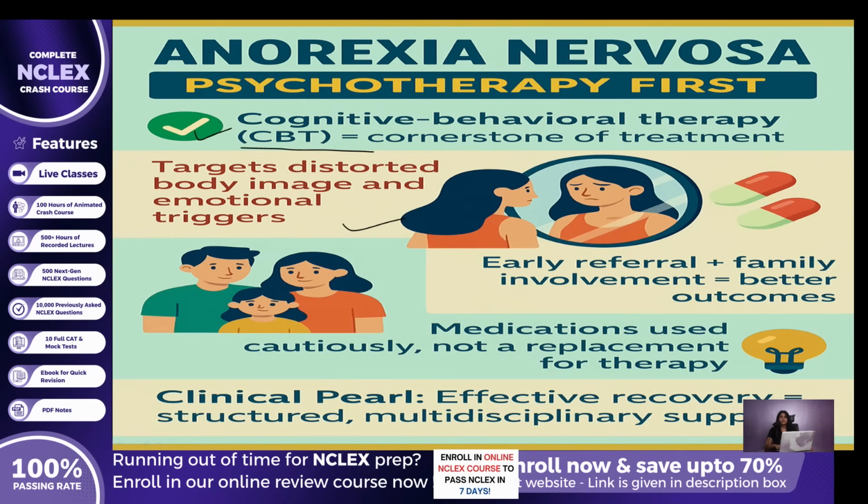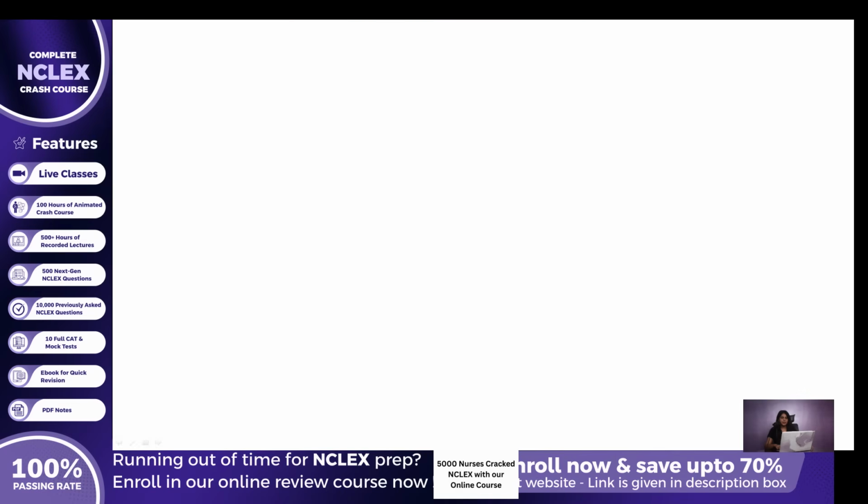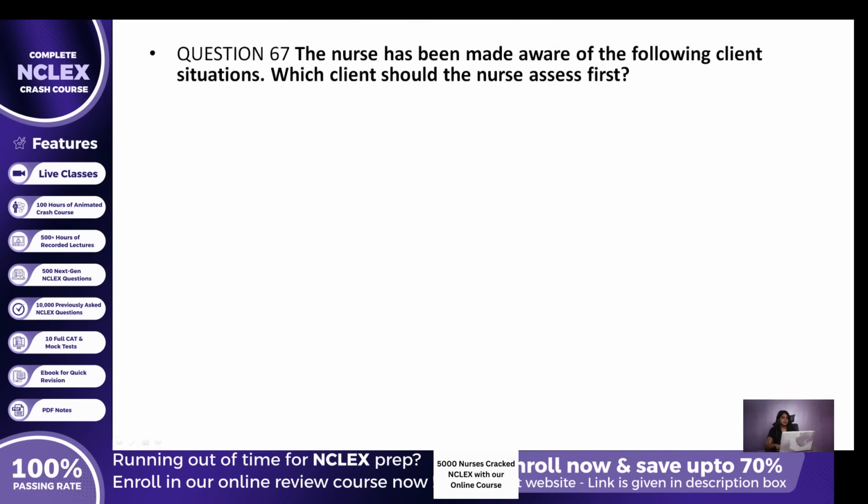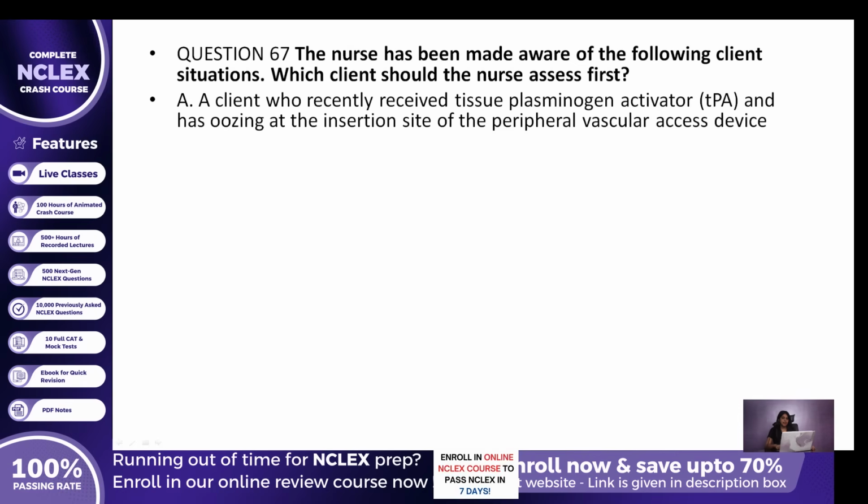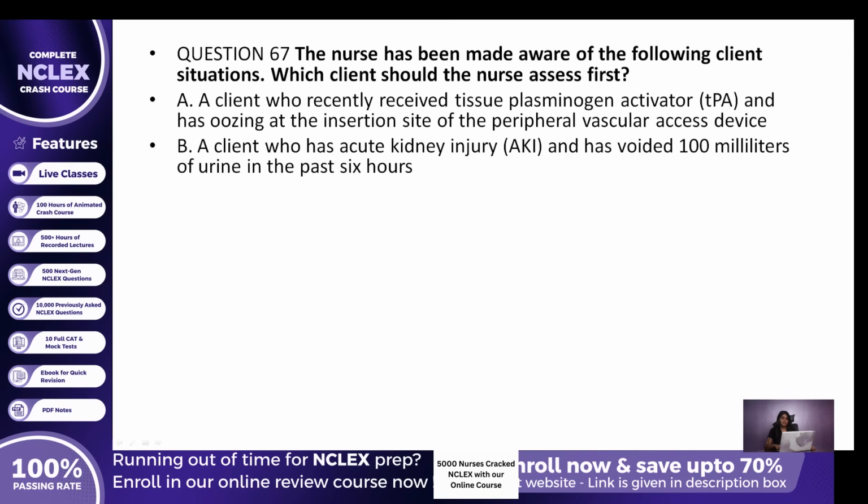Now, let us shift to client prioritization, identifying which situation needs immediate attention. Question 67. The nurse has been made aware of the following client situations. Which client should the nurse assess first? The options are A. A client who recently received tissue plasminogen activator, TPA, and has oozing at the insertion site of the peripheral vascular access device.